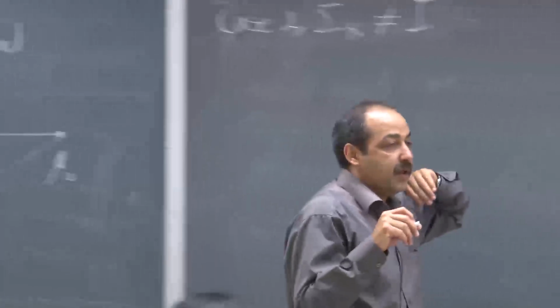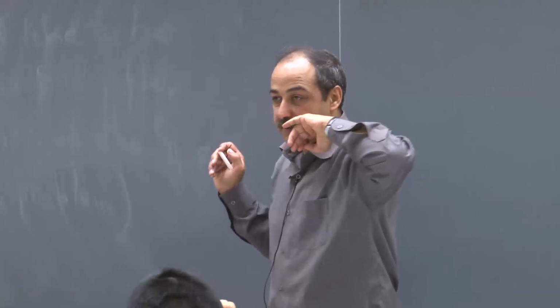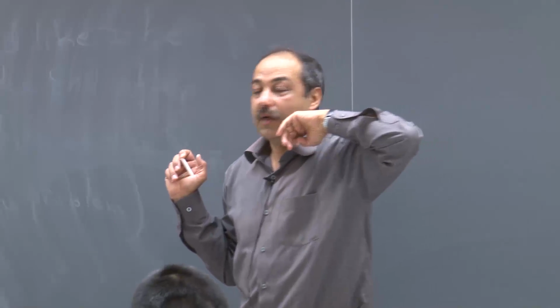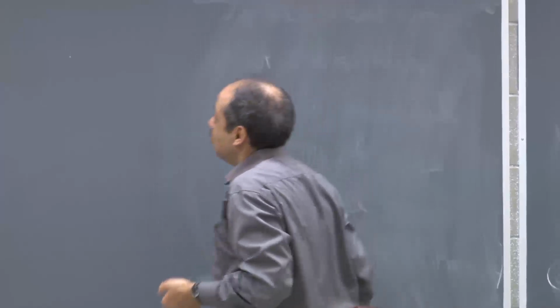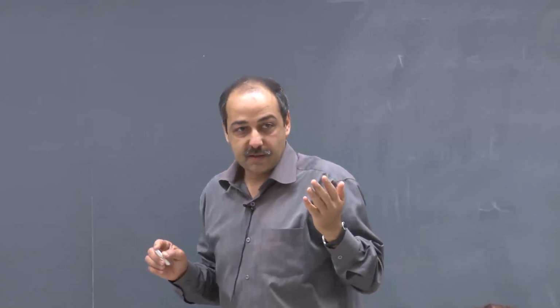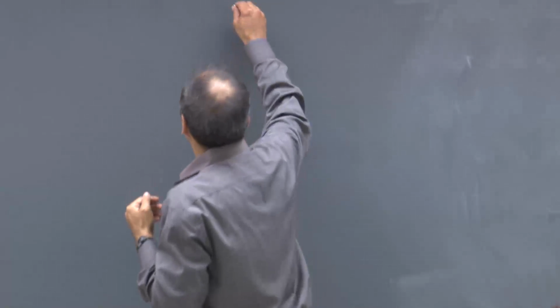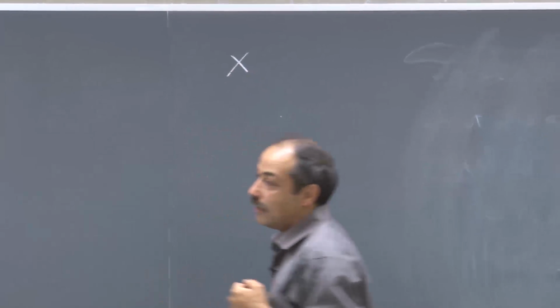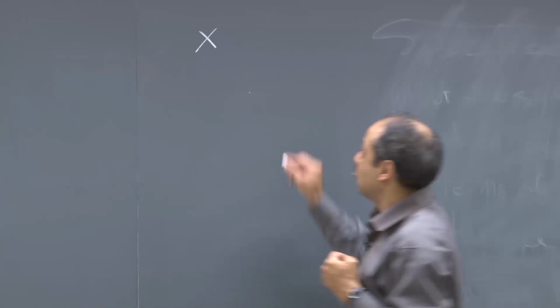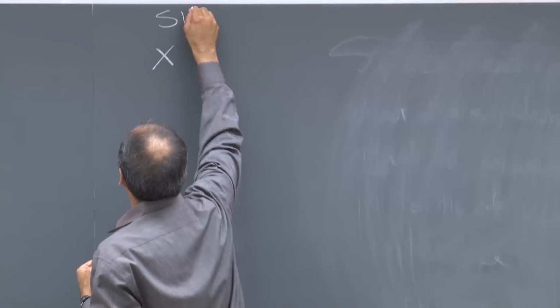I believe you are familiar with singular value decomposition. But just as a reminder, let me write it here. As a reminder, you can decompose any matrix X using singular value decomposition, SVD.